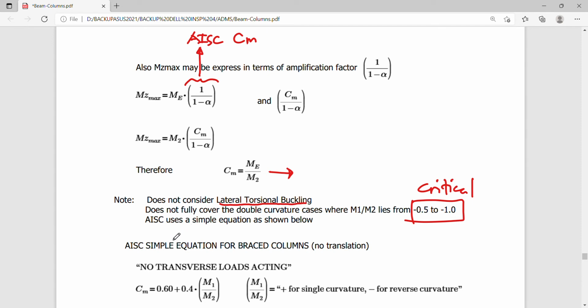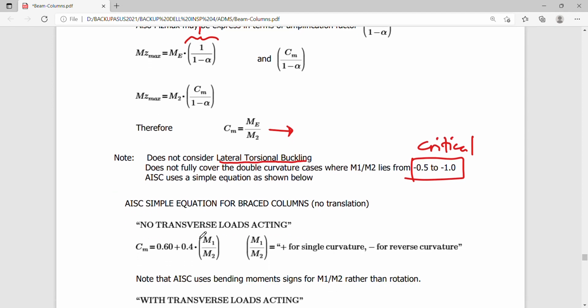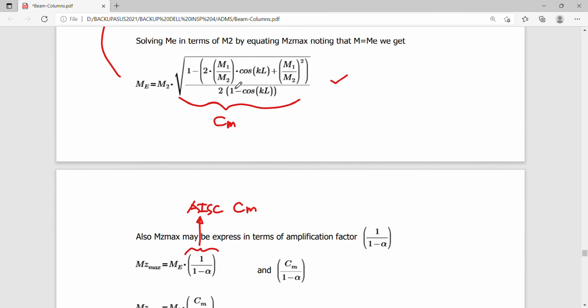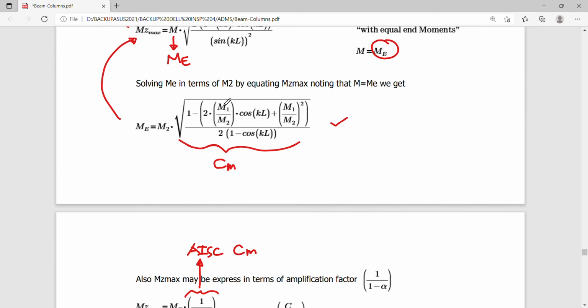So in short, AISC recommends a simple expression that would represent this formula. ME here is actually a complicated formula here. No? So ME is based on this formula, here.